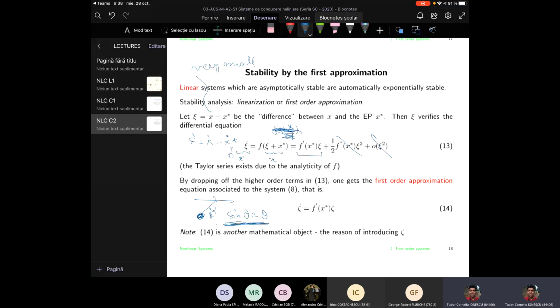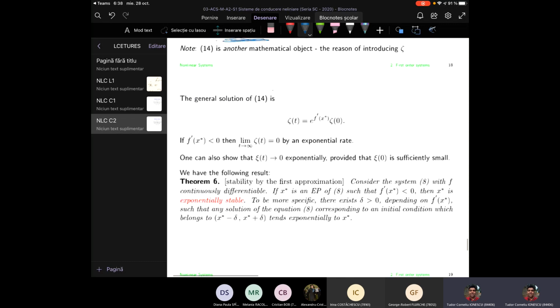So they can be neglected. They don't go away totally. They're only neglected. That means that around the equilibrium point, you can study this object, number 14. It's a different object. It's very different from the original system, but it explains the behavior of the original system near the equilibrium point.